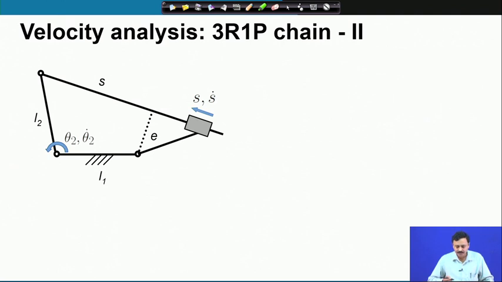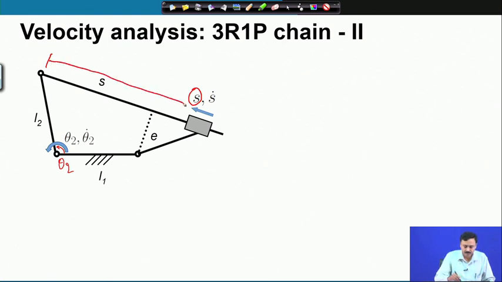So, here is the 3R1P chain type 2. Here we have the angle theta 2, and this variable S is this length.